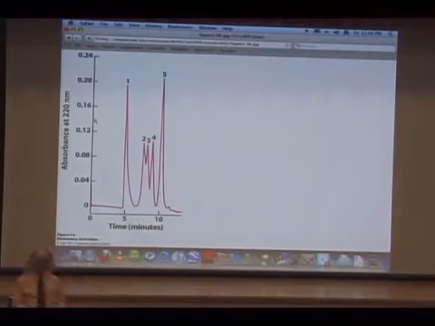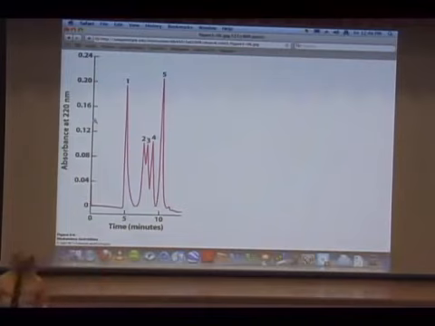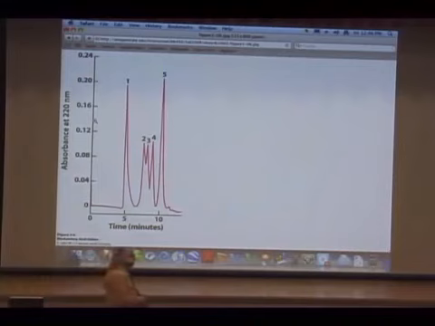It's called reverse phase chromatography. Okay? All right. So the least polar molecules come off last because they're associating with those nonpolar arms. The most polar molecules come off first.